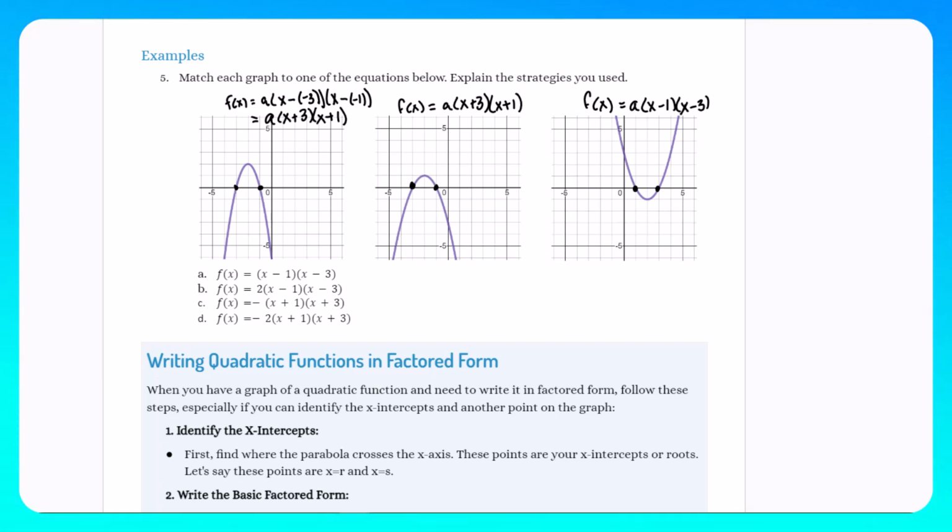Well, what about the a value? What do we know about a? Well, we know that this a value is going to be less than 0 because it's opening down. Same with this one. This one's the opposite. This one has to be positive.